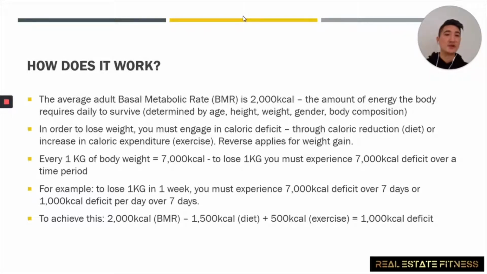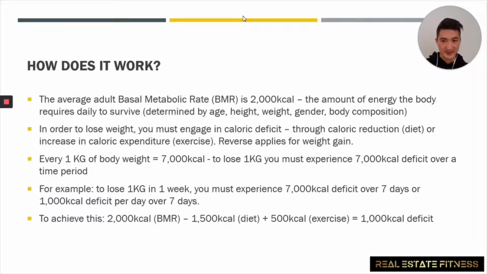So for example, if you want to lose 1 kilo of body weight, you must experience a 7,000 calorie deficit over a period of time. If I want to lose 1 kilo in 1 week, then I'll have to experience a 7,000 calorie deficit over 7 days, or a 1,000 calorie deficit every single day.